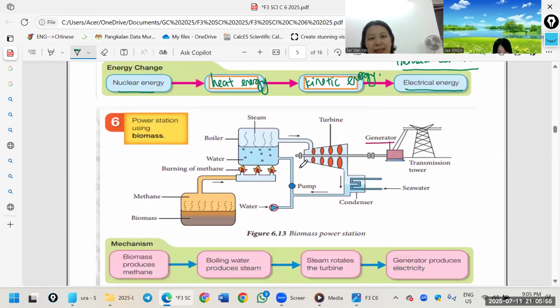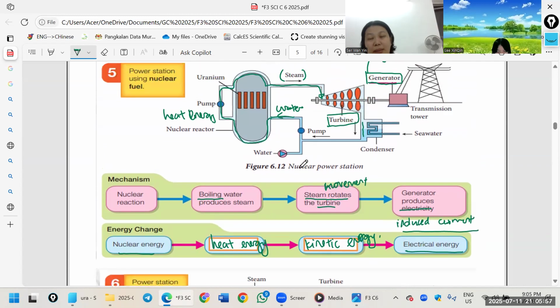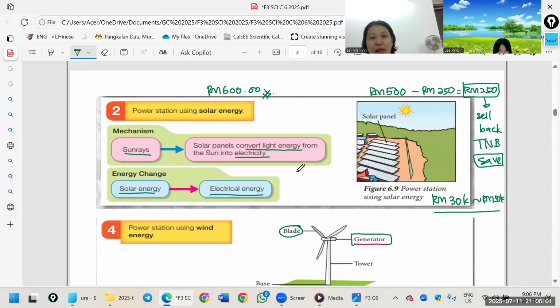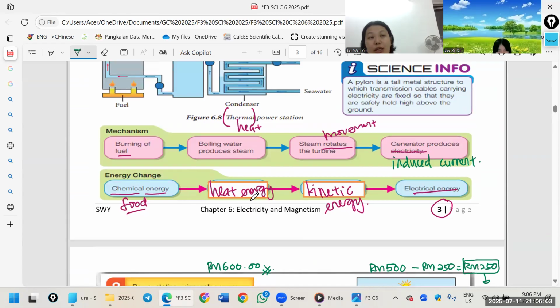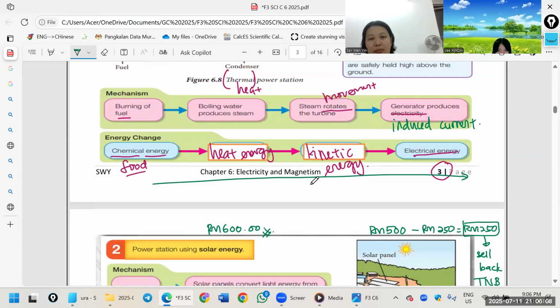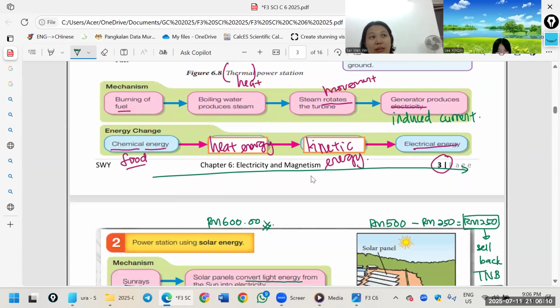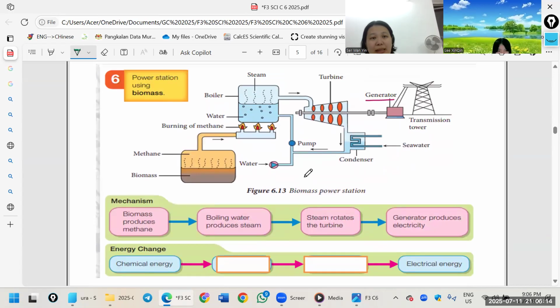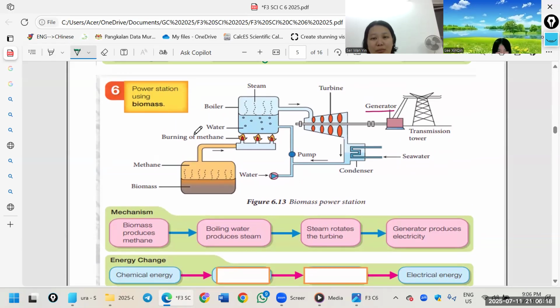Okay, at the end of this, I want to ask you, what is the power change? From here to here. Not hard, right? Not hard. Like repeating only.